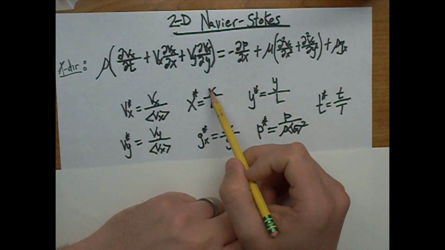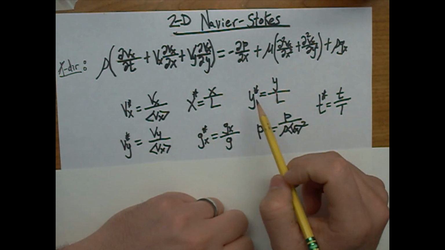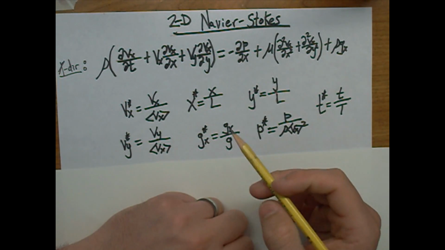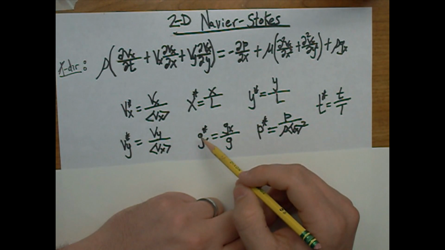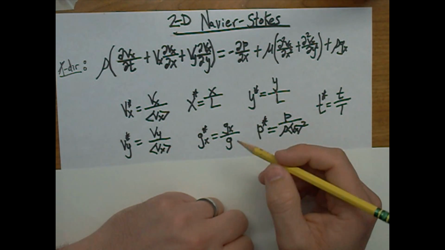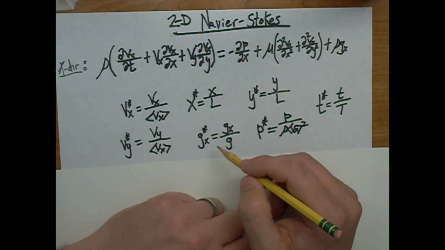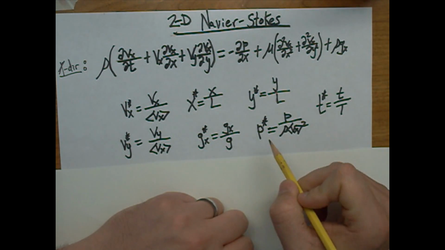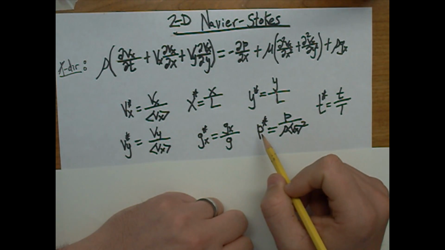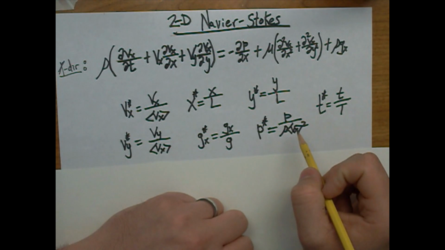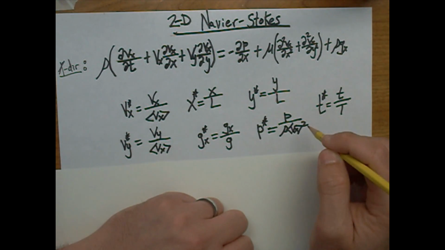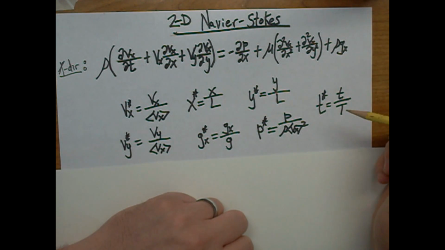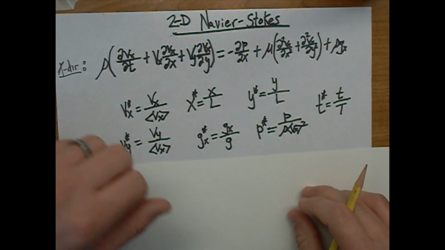X star is going to be equal to x over L. Y star, y over L. Our Gx star is the gravity in the x direction divided by the gravitational acceleration. And our normalized pressure is pressure divided by rho, average velocity in the x direction squared. And finally, our time is non-dimensionalized by capital T, in a lot of cases the frequency.